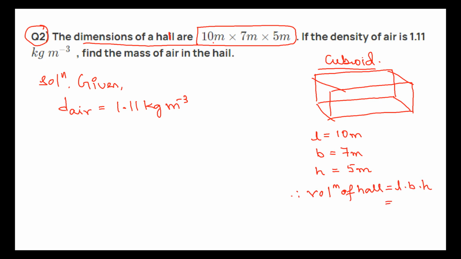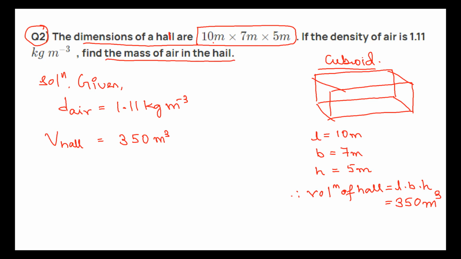That means 10 into 7 into 5. 7 5s are 35. 35 into 10, 350 meter cube. So the volume of hall is 350 meter cube. They have asked to find the mass of the air in the hall.